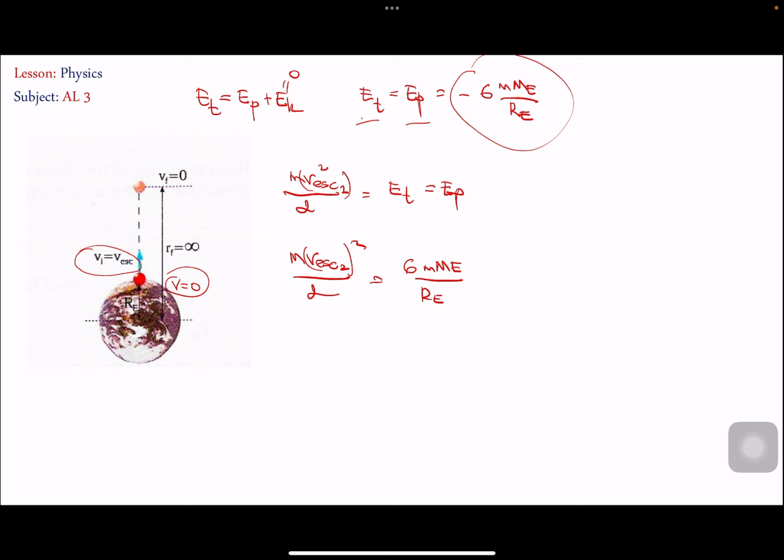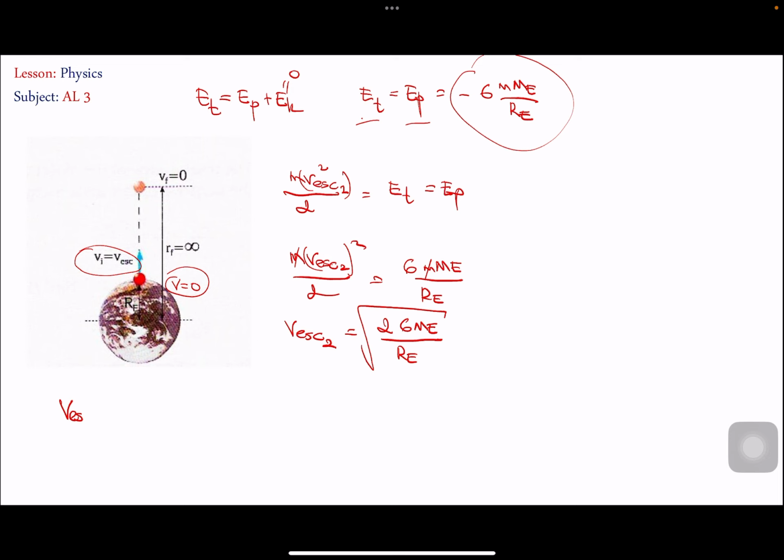I can simplify the masses here, and you see that the second escape speed equals 2 times G M_E over radius of Earth, and I'll take the root of this. So what's the difference from the first escape speed?